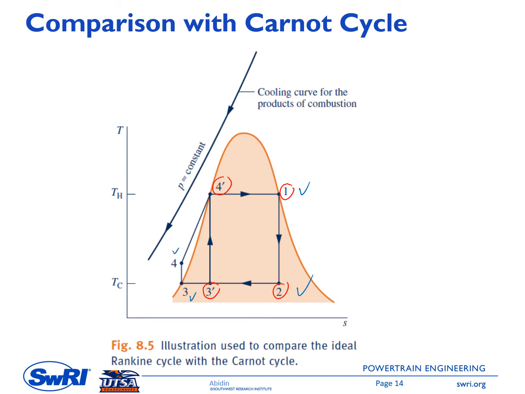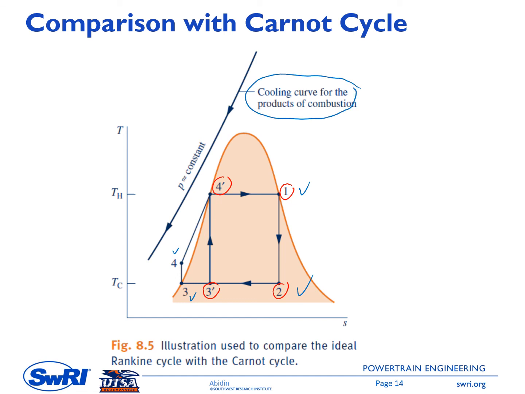If we compare the ideal Rankine cycle versus the Carnot cycle, the ideal Rankine cycle has a benefit in terms of the temperature difference, or in this case the energy absorption from the combustion product into the working fluid.